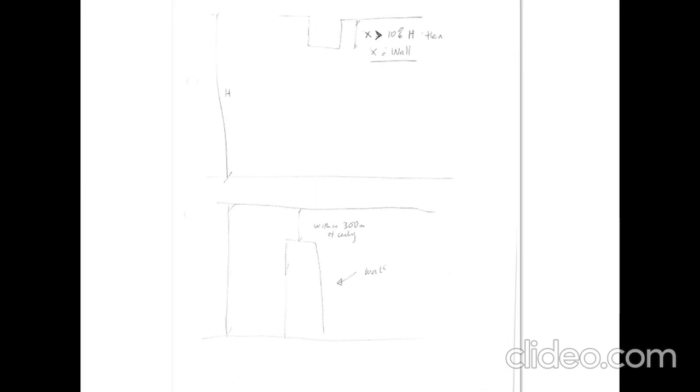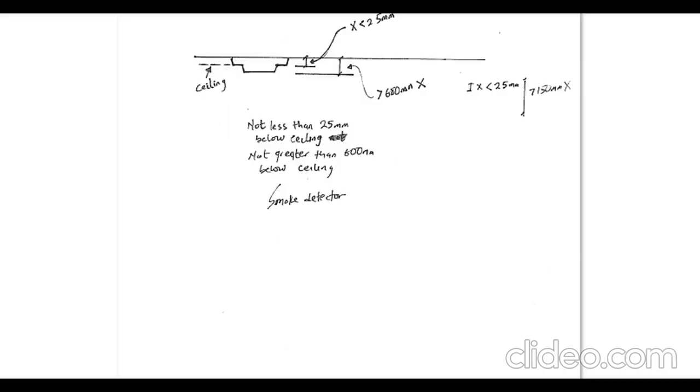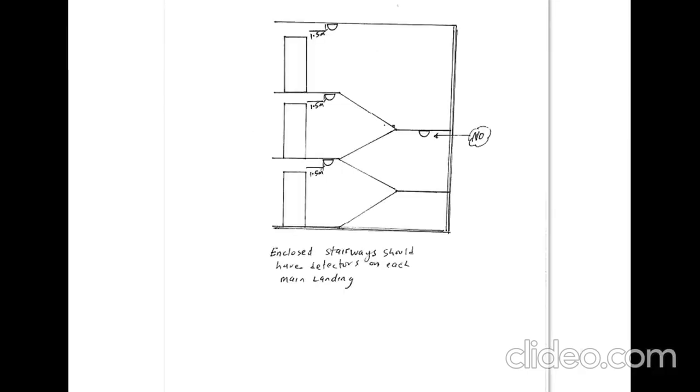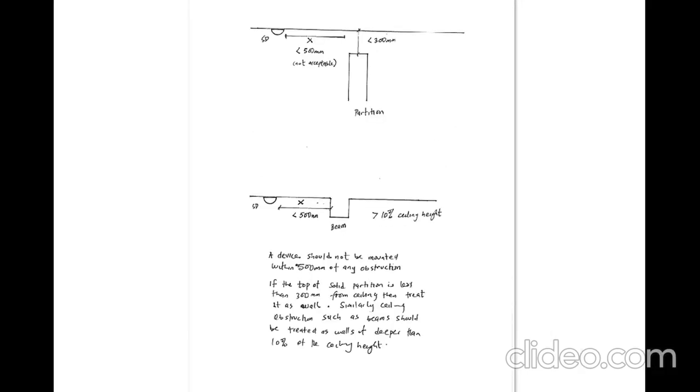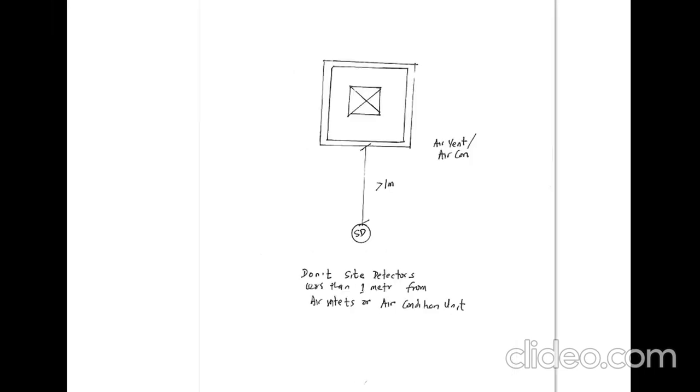So what you need to consider when you are installing or locating, or siting, a detector is the environment where the detector is going to be installed. Within that environment, you have to consider the height, and the activity in that environment.